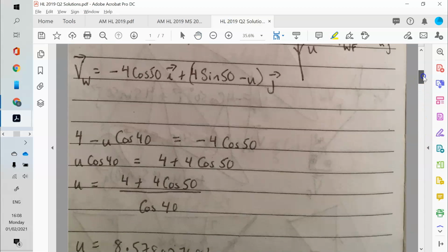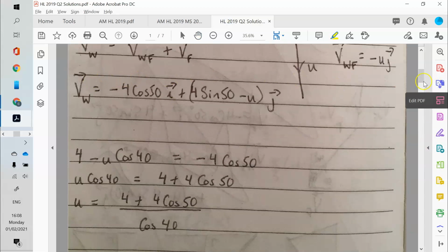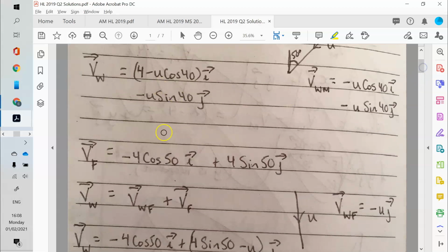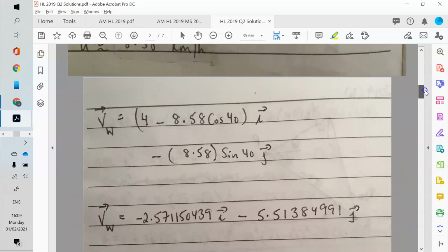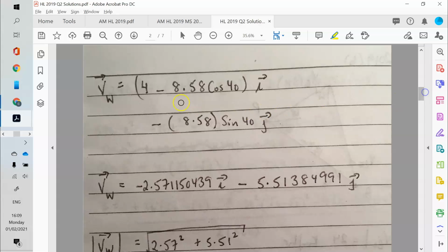So we go back to one of our equations for the velocity of the wind, either one of these two, and substitute in that value for u, which we just found. So that's what we've done here. Plug that into our calculators, and we have this as our vector for the velocity of the wind.